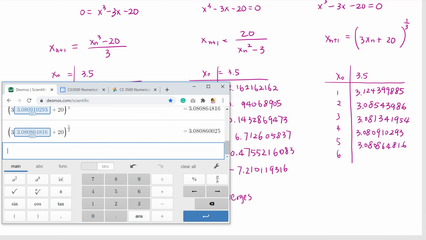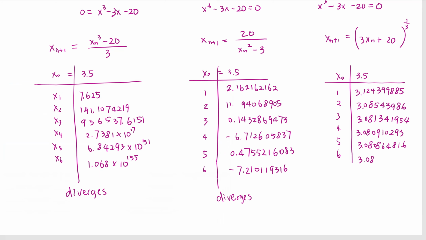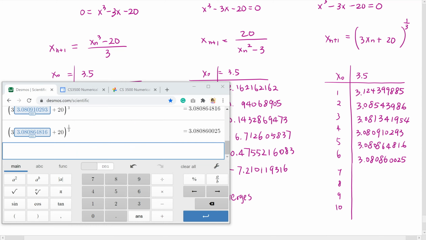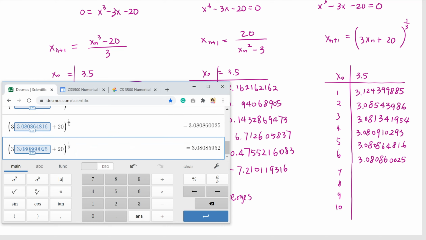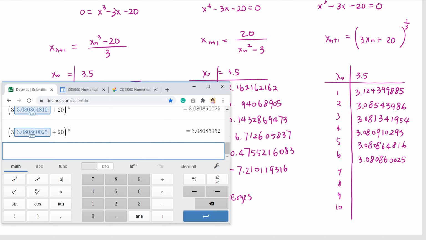So 3.080860025. Let's do more, see whether it's stabilized at the end. 3.0808592.